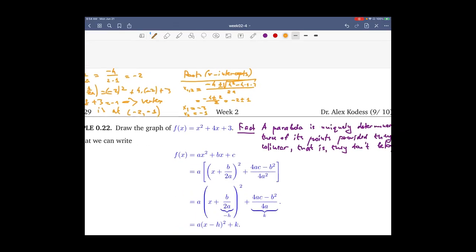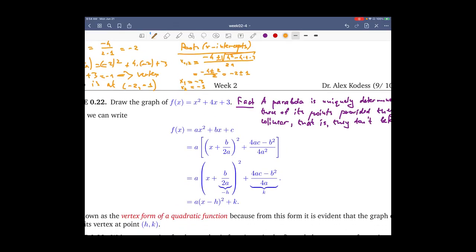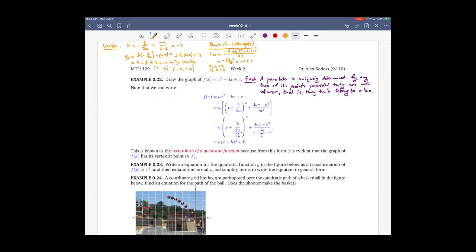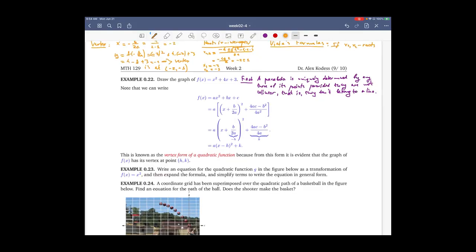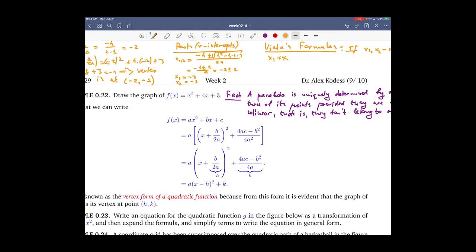I would also like to remind you of Vieta's formulas, another way to solve quadratic equations that occasionally is useful. If x1 and x2 are roots, the sum of the roots must be negative the coefficient in front of x.